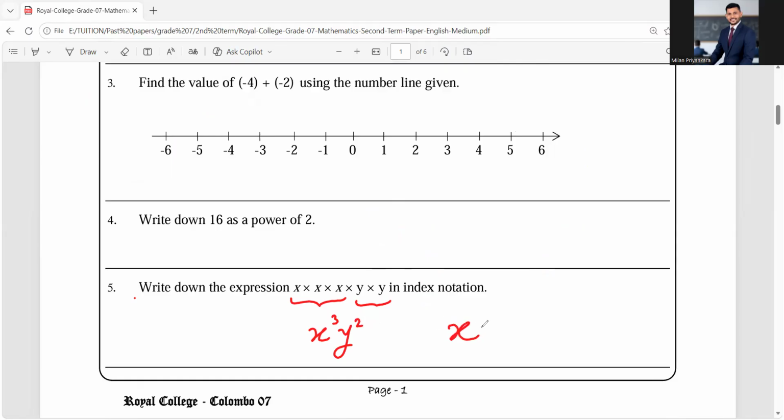You can write x to the power 3 into y to the power 2 also, but we usually do not write this multiplication symbol with algebraic symbols. When you have algebraic symbols, it's better to write like this. If you write like this, it automatically means a product. Okay, this is equal to the same thing, right?